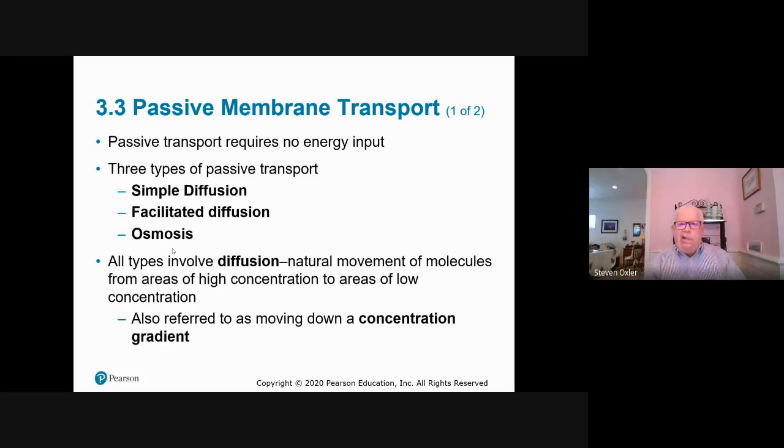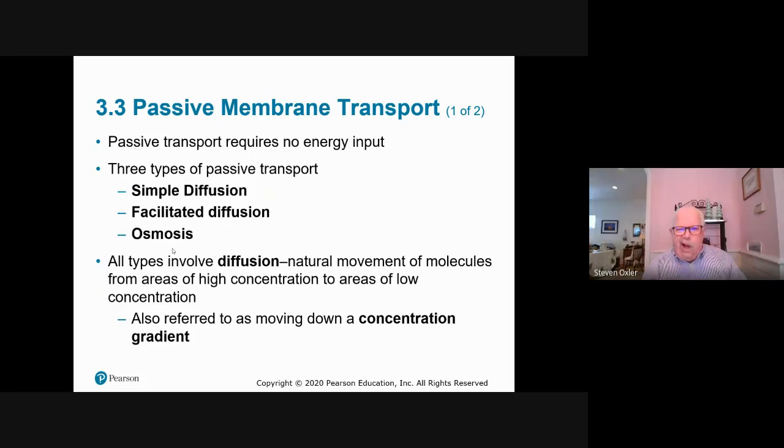Let's talk about passive transport. Passive membrane transport requires no energy, and there are three basic mechanisms of passive transport: simple diffusion, facilitated diffusion, and osmosis.